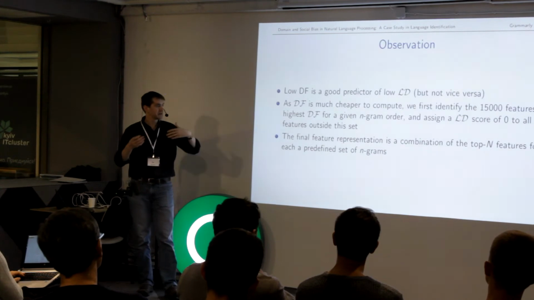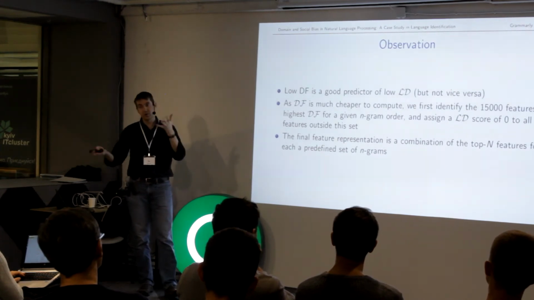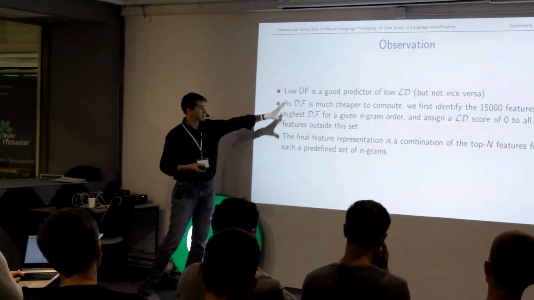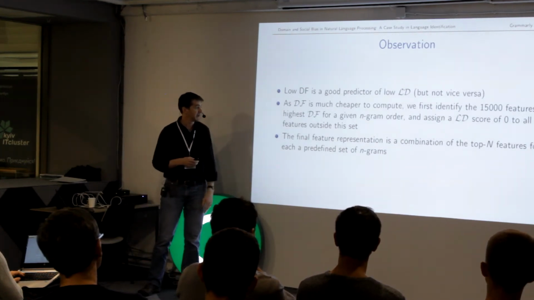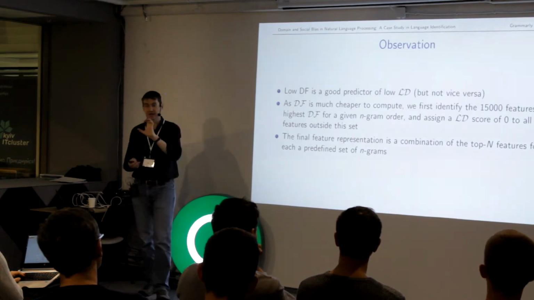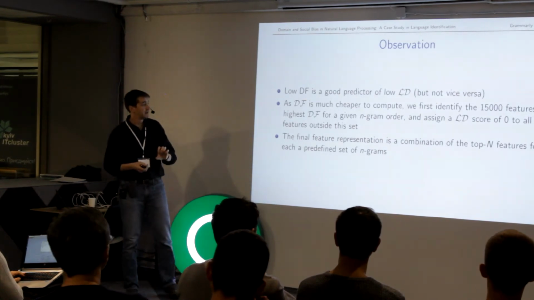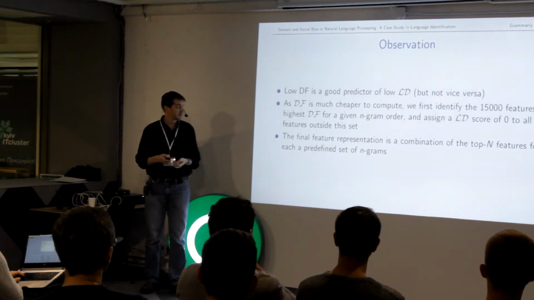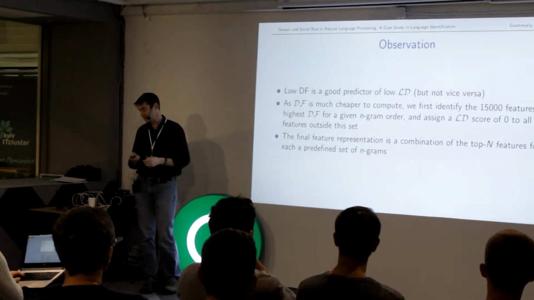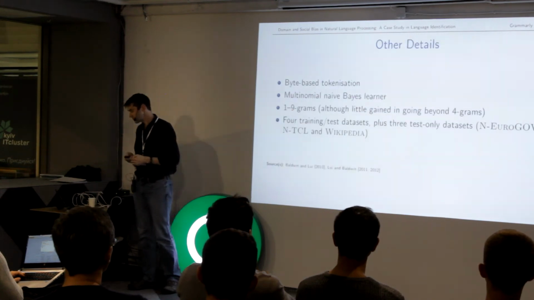So I'm going to do that. I'm going to identify, per n-gram order, perhaps, the top n features with the highest DF, domain frequency value, and I'll do the calculation of my information gain difference there. And I'll throw everything else out. I'll just combine across my different n-gram orders, and that's going to give me my features. So, okay, good.